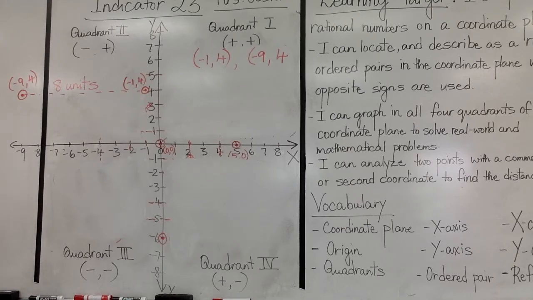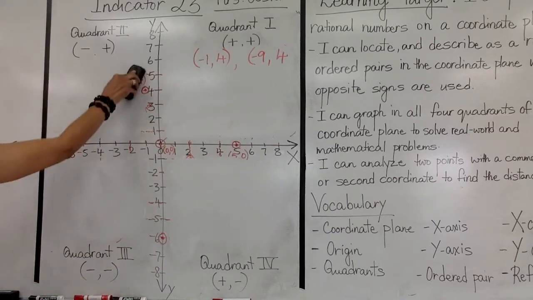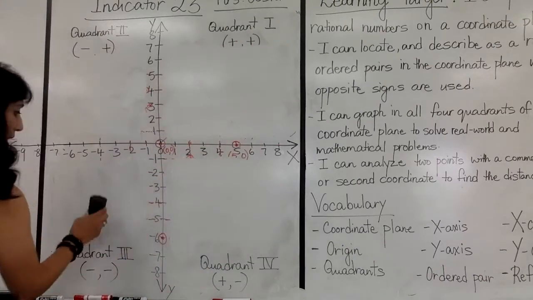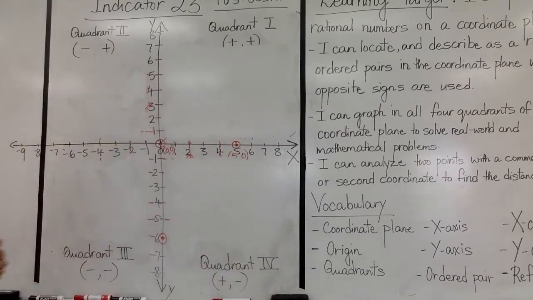All right. Again, this would be in quadrant 2. And then let's do one more. Trying to see if I have a negative and a positive one, trying to find a problem.